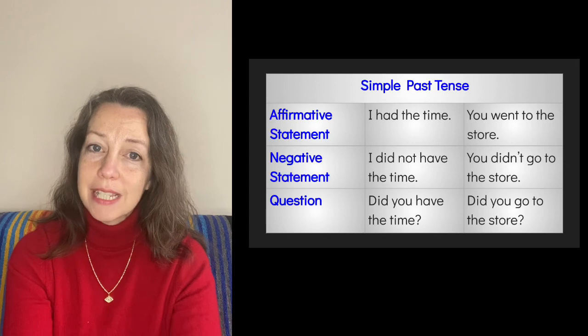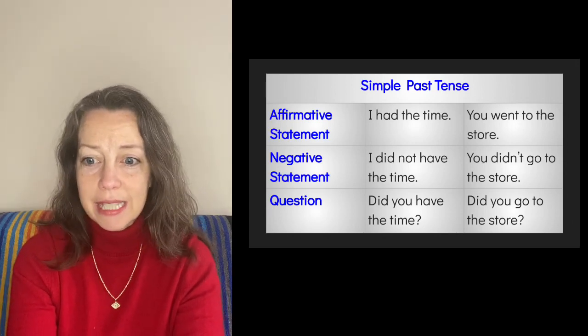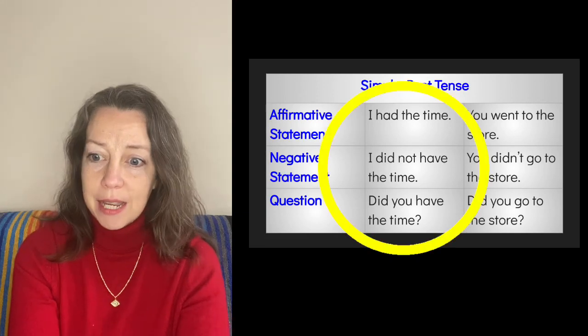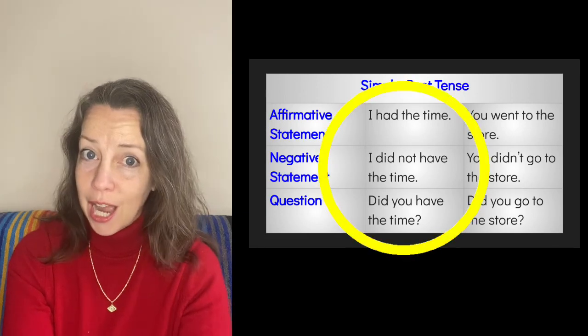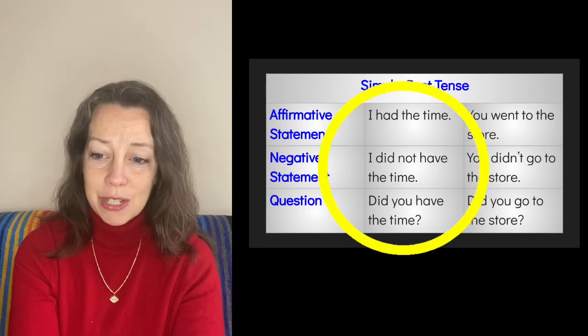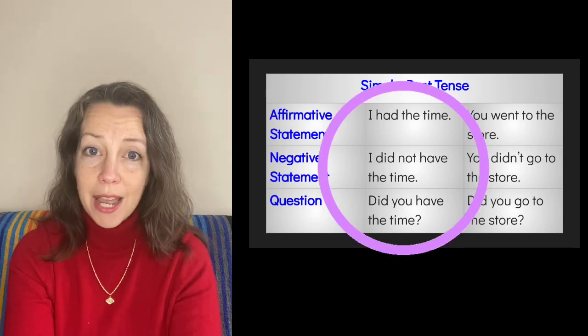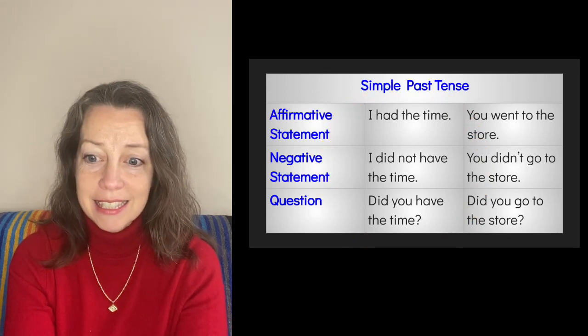Let's look at all of these examples together, side by side, so that you can see the difference. The affirmative statement, I had the time, is I did not have the time in a negative statement, and in the question form is, did you have the time? These are all in simple past tense.